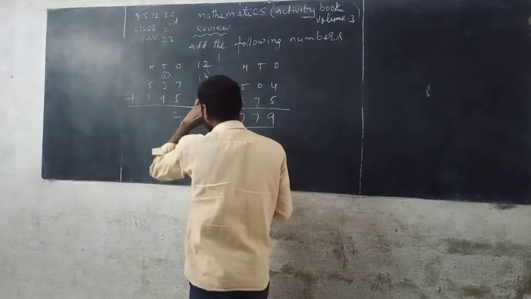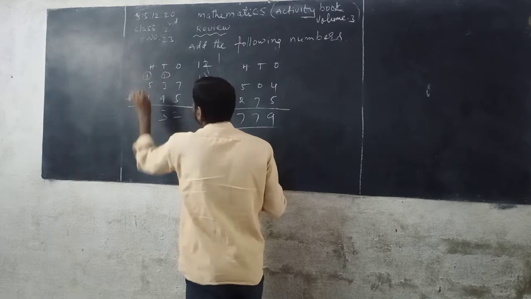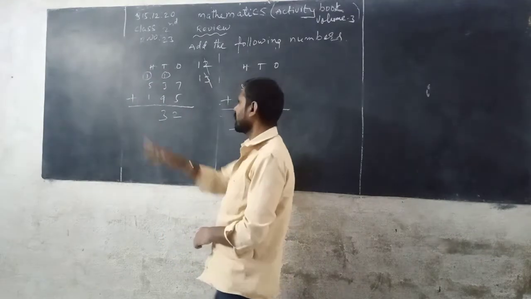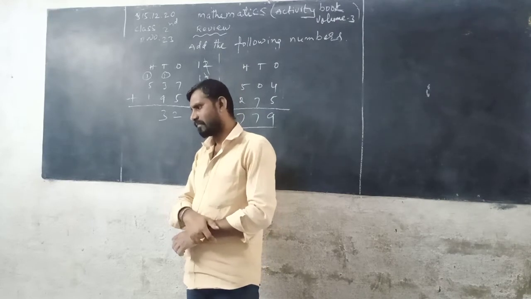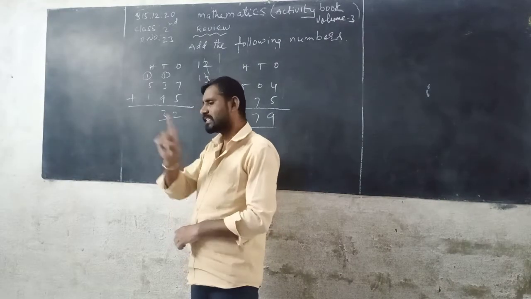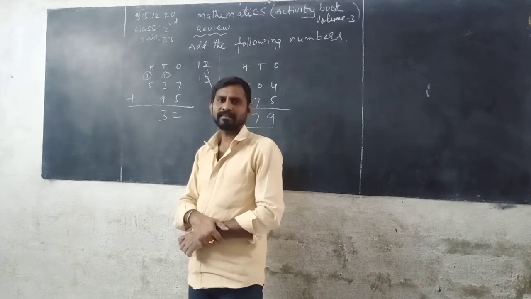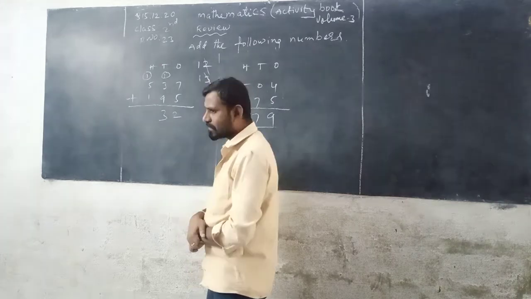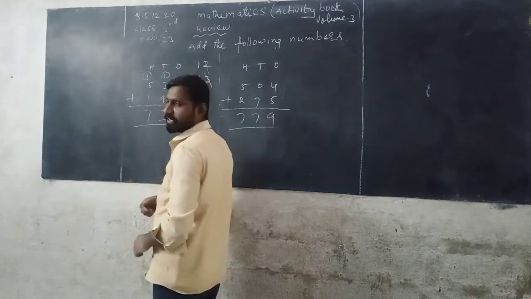In it, 3 is taken and written down in the tens column, and 1 is carried over to the hundreds place. See here, 1 plus 5, 6. 6 plus 1, 7. The sum is 732.